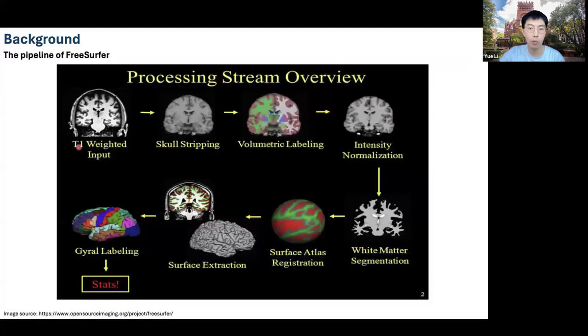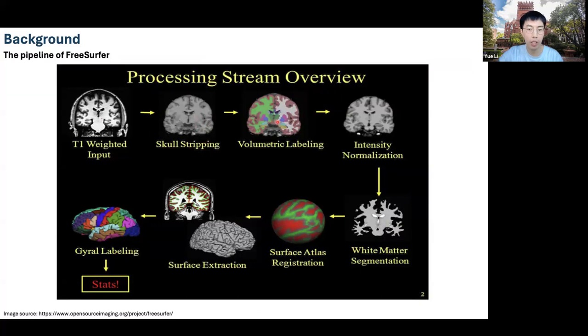So here is what FreeSurfer does step by step. First, we start with a T1 weighted MRI, usually in DICOM or NIFTI format. The pipeline does skull stripping to remove everything that's not brain. So the skull, the dura, and all the non-brain parts are gone in this step.